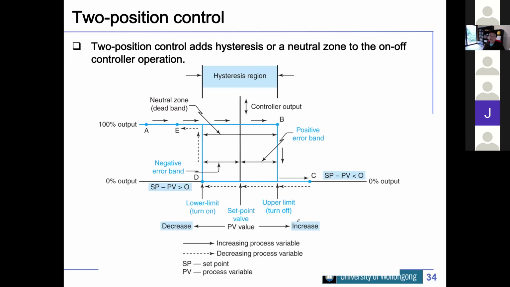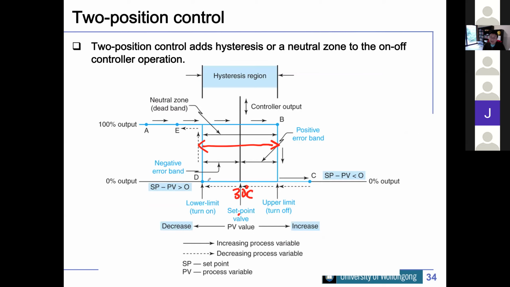The fix for that is we create a dead band. So this is our set point, say 30 degrees, and our AC doesn't take action within the band.